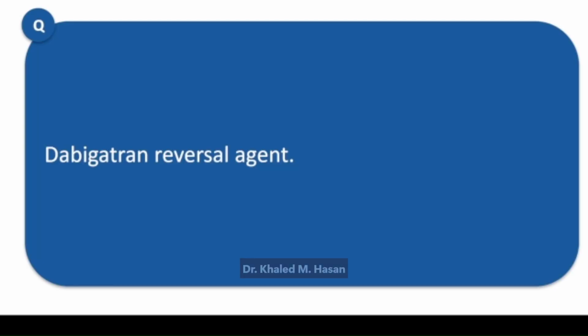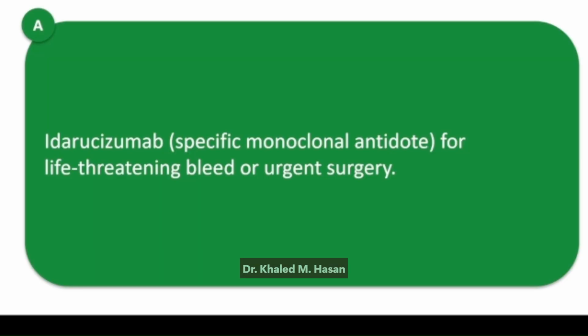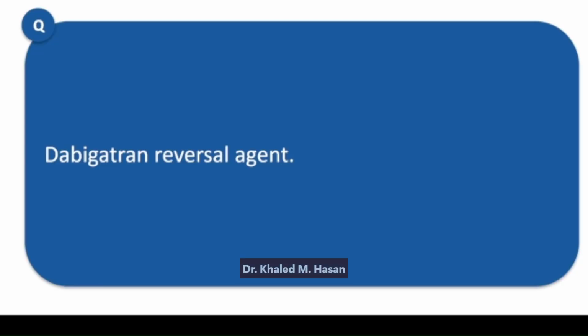Dabigatran, they consider reversal agents. We have another group of medications. If the patient takes Dabigatran and suffers from overdose or bleeding, how can we treat the Dabigatran overdose or bleeding?